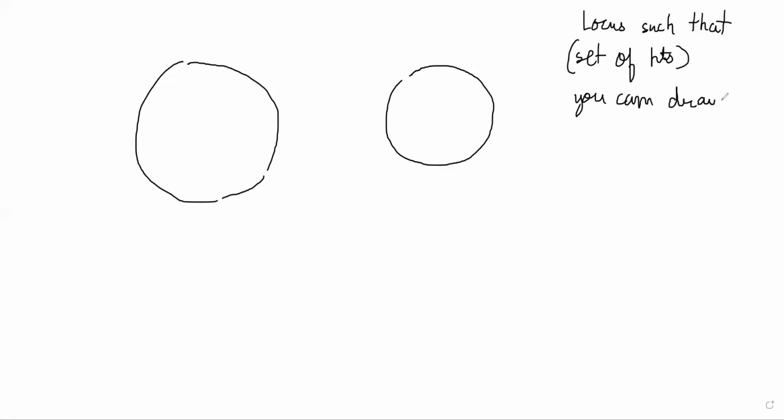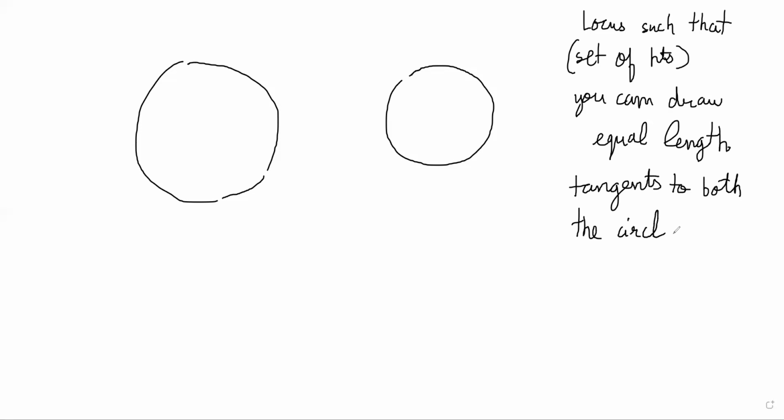Can you find a set of points, or a locus, such that you can draw equal length tangents to both the circles? Such points form a straight line actually, and that straight line is called the radical axis.